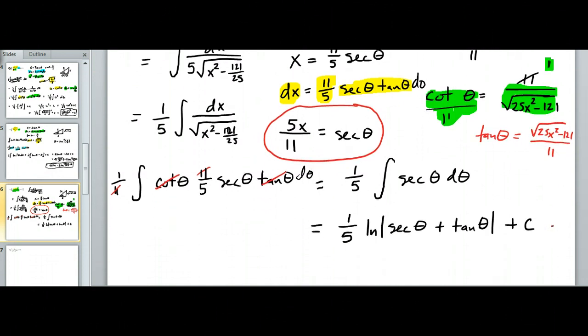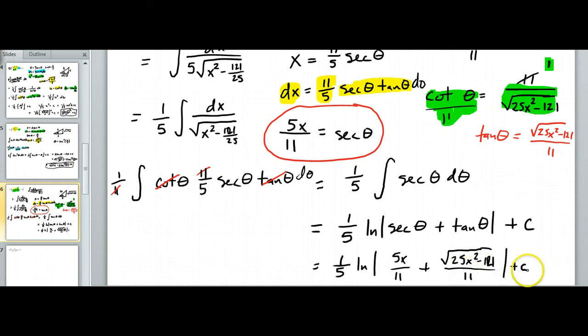So when I come back and plug everything in here, I've got 1/5 natural log of absolute value. Secant is 5x over 11 plus the tangent is the square root of 25x squared minus 121 over 11 plus c.